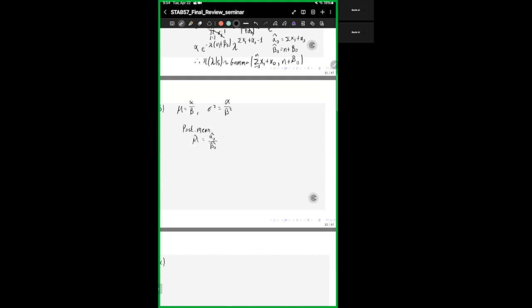Now from before, this is equal to the sum of xi plus alpha naught over our new beta, which is n plus beta naught.